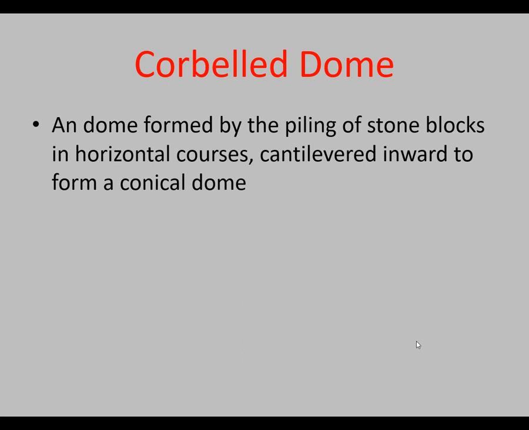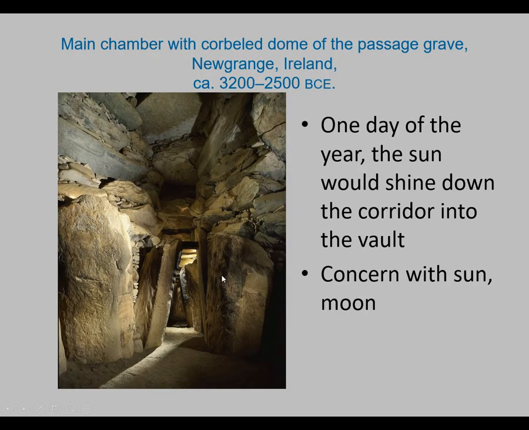In this passage grave is a corbel dome. We're talking about architectural terms now. So a corbel dome is a dome formed by the piling of stone blocks in horizontal courses, cantilevered inward to form a dome. And this is what it looks like on the inside. So this is in the passage to the grave.